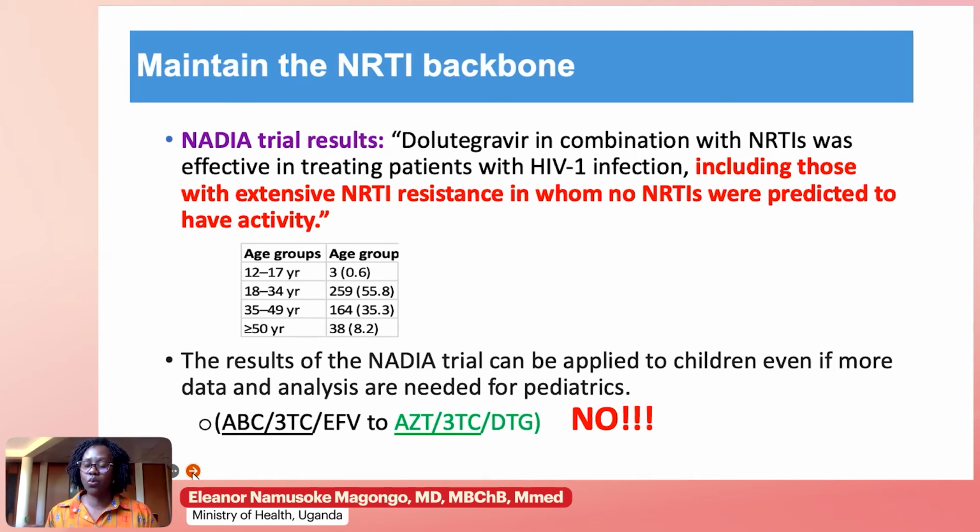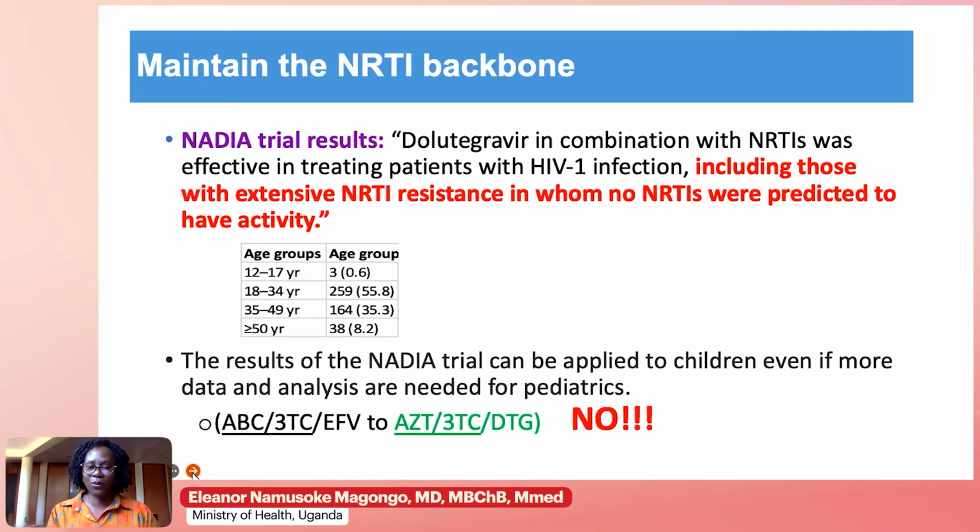And in the other group, they gave patients AZT/3TC in their second line. And we know from this study that dolutegravir in combination with NRTIs was effective in treating patients, even those with extensive NRTI resistance, in whom there was no NRTI predicted activity.